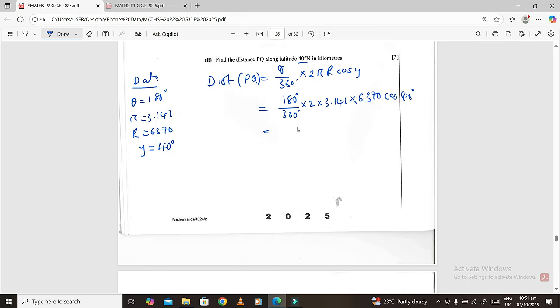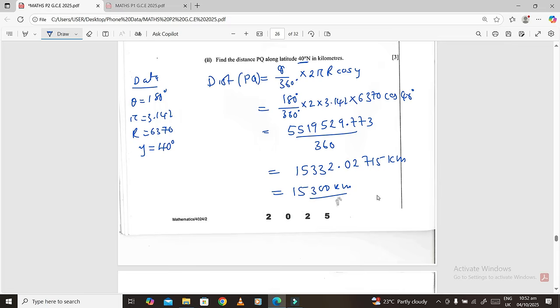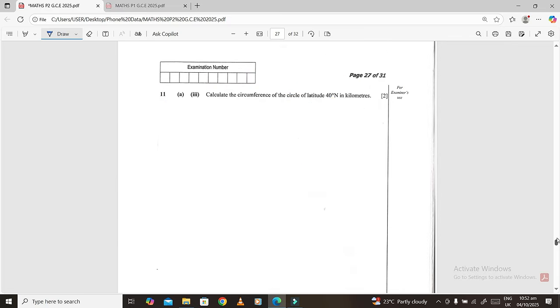So this is giving us 551,529.773 over 360. So when we divide by 360, this is giving us 1532.02715 kilometers, and we can write our answer in 3 significant figures, so it will be like this. That's our answer. We go to the next question.